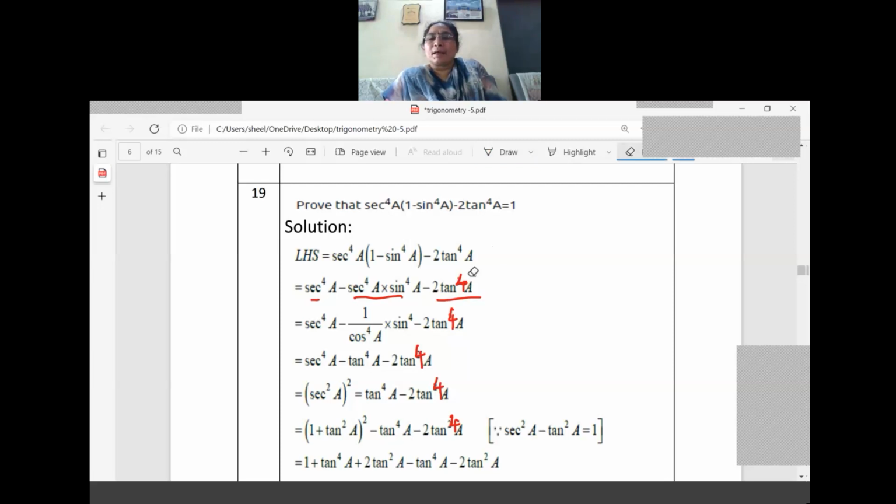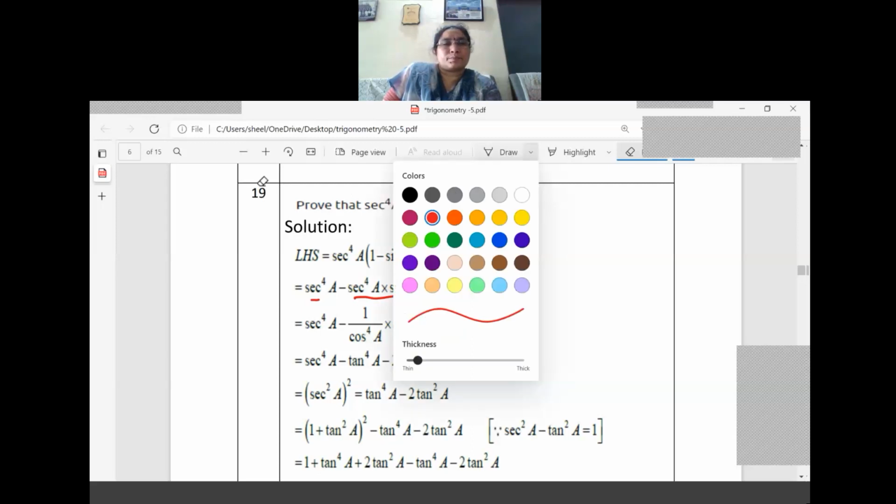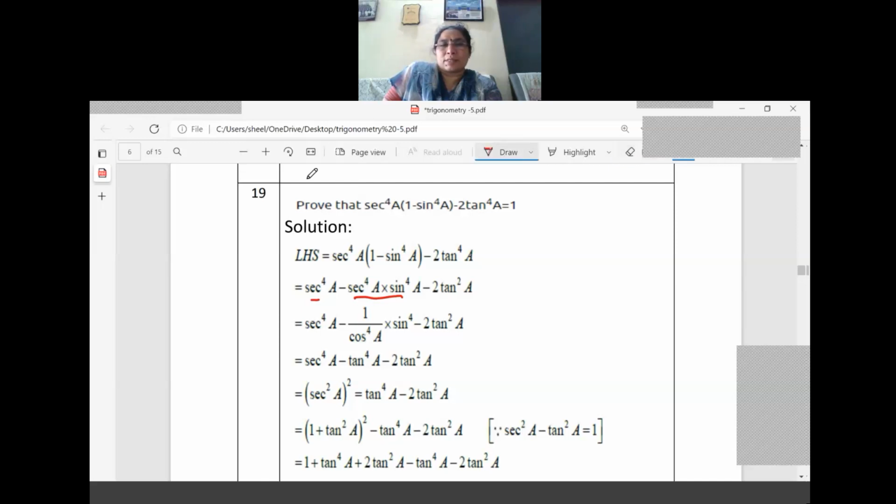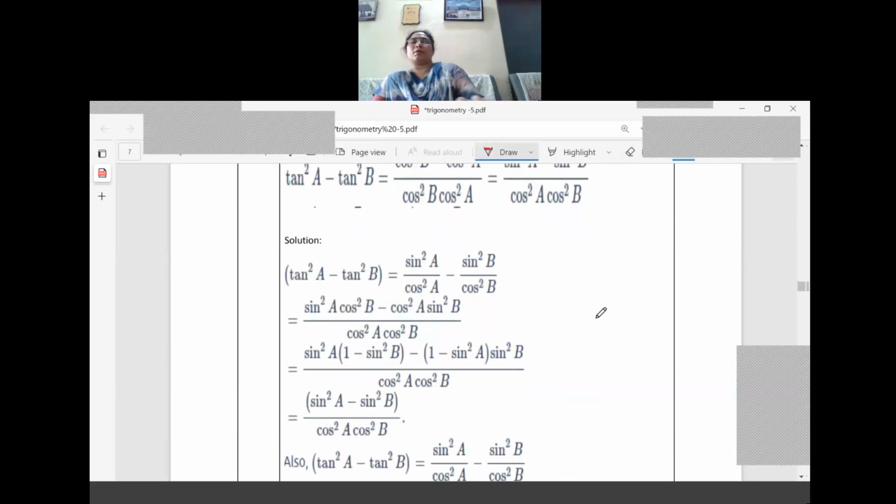Okay. So let me see. Sec raised to 4A minus sec raised to 4A into sin raised to 4A minus 2 tan square A is there. If the question is wrong, I have to correct it. Better I'll do this last, the 19th. Okay, one second. Any correction is there, tomorrow I can. I don't want to waste the time.